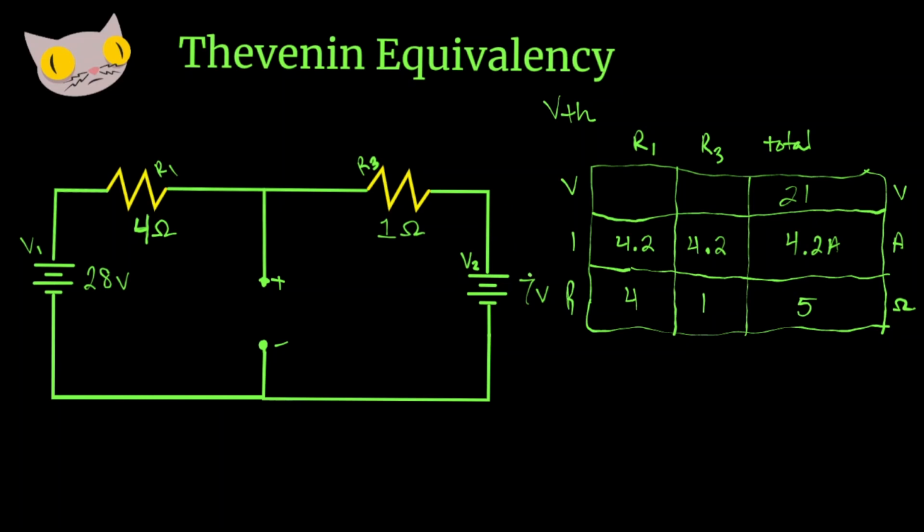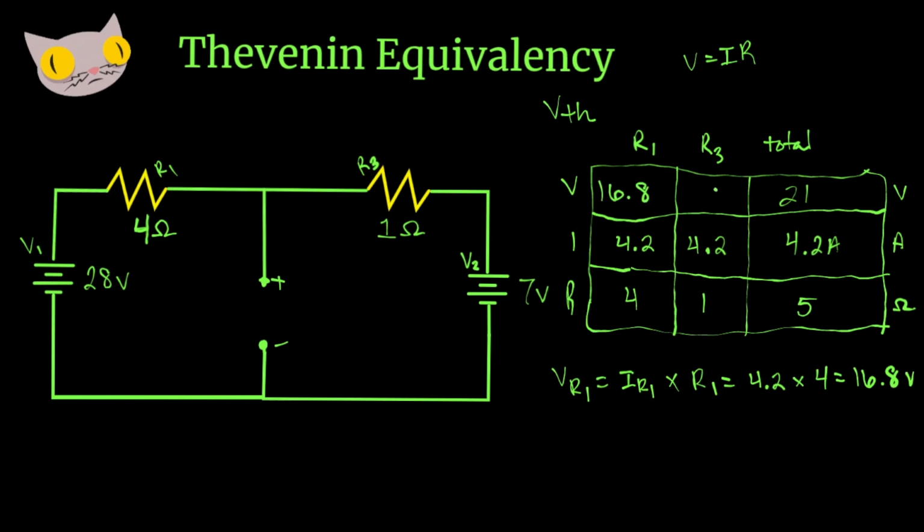Now let's find the voltage across R1. For that, we're going to need current through R1 times the value of R1. This is just Ohm's law. V is equal to IR. So we know the current, 4.2 amps, and we know our R1 value is 4, and this is going to give us 16.8 volts.